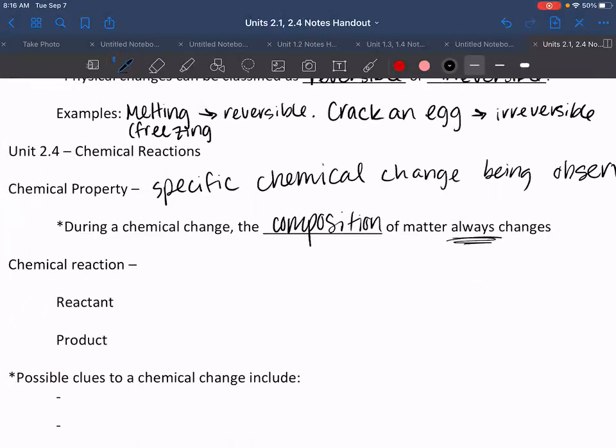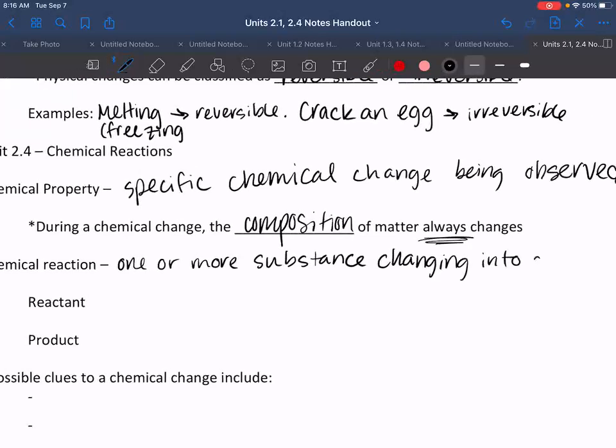Then we have this idea of chemical reactions. We're going to talk lots about those in chemistry class. You can have one or more substances changing into one or more, and here's the key word, new substances.